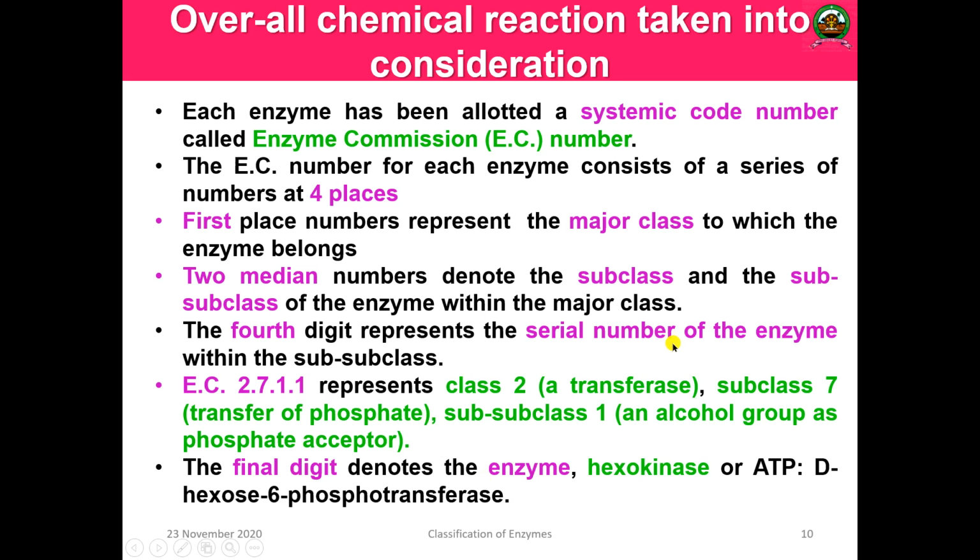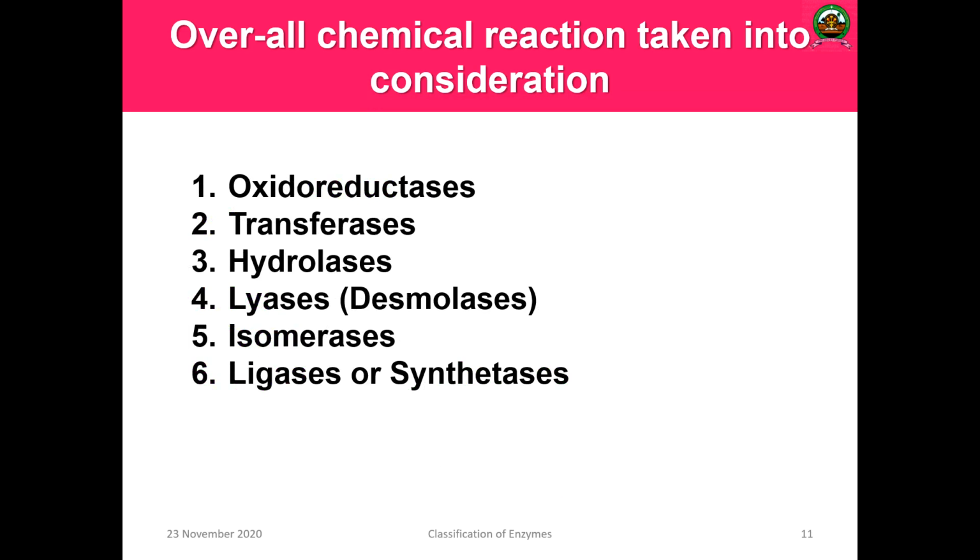So these are the overall chemical classification considerations. And based on all these, as I said, enzymes are classified into mainly 6 groups. The IUB classification of enzymes has mainly 6 types: oxidoreductases, transferases, hydrolases, lyases or desmolases, isomerases, ligases or synthetases.